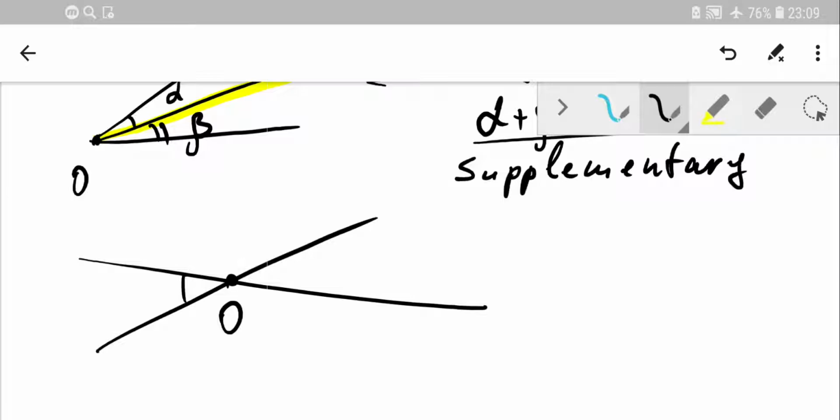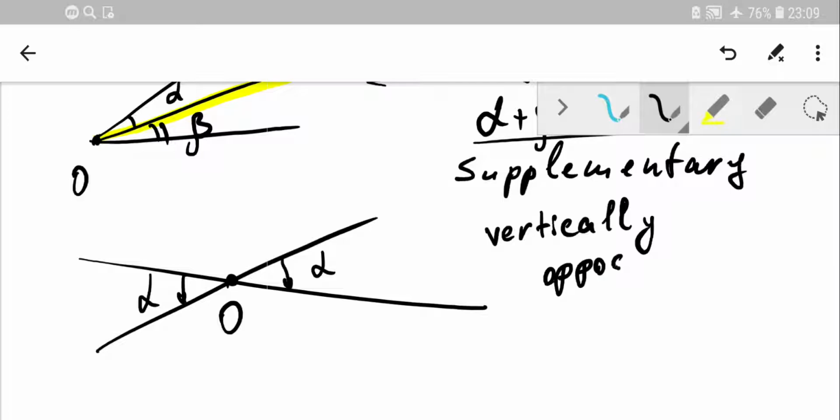Next, if you have two straight lines which intersect at a single point, what can you say about those values? You have alpha. What do you think about the opposite angle? It should be the same. That's called vertically opposite angles, and it is always the case that those two angles are the same.